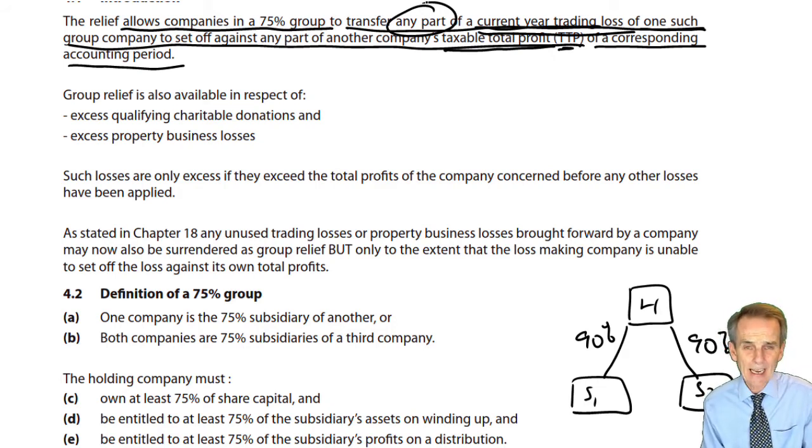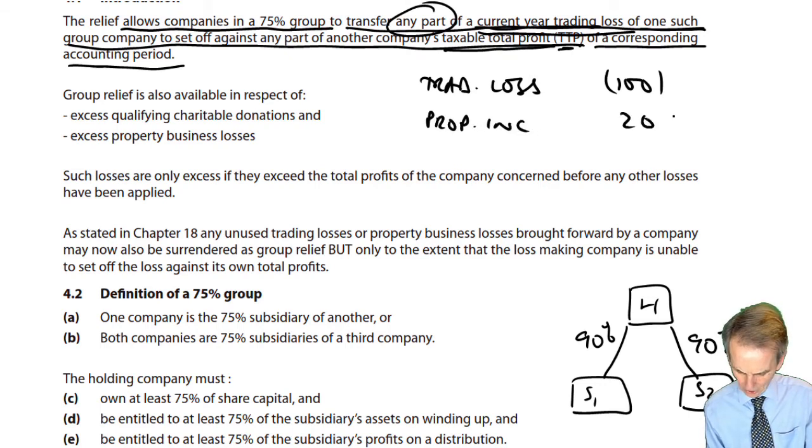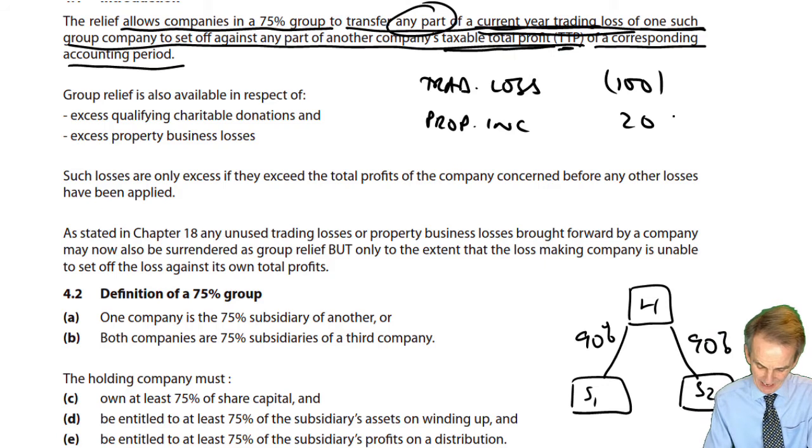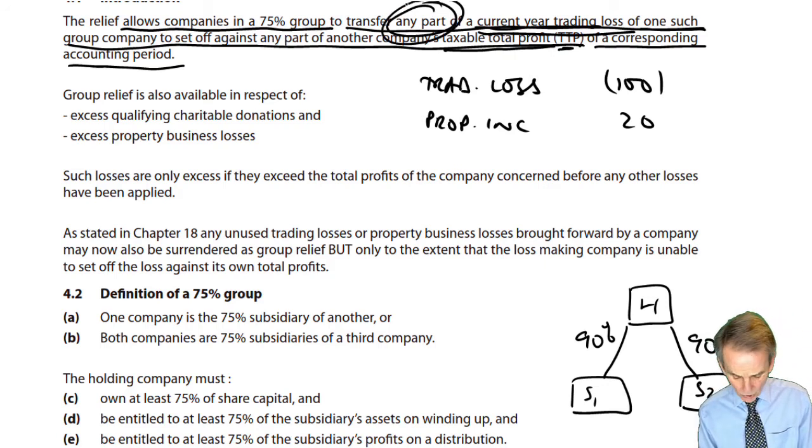So if within a group company, within a 75% group, you have got a trading loss of £100,000 and you've got, say, property income of £20,000, then this is telling you that if you want to, you do not have to use any of that trading loss made this period of £100,000 against its other total profits, which would be its total profits here, its property income of £20,000.